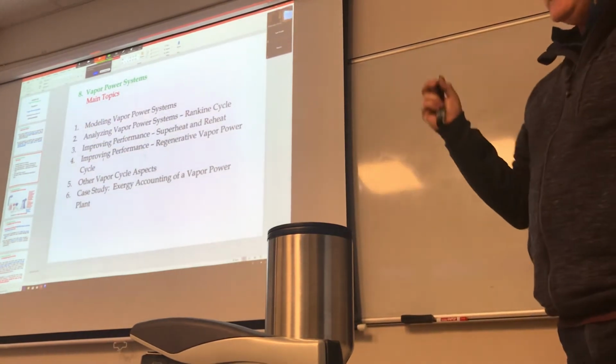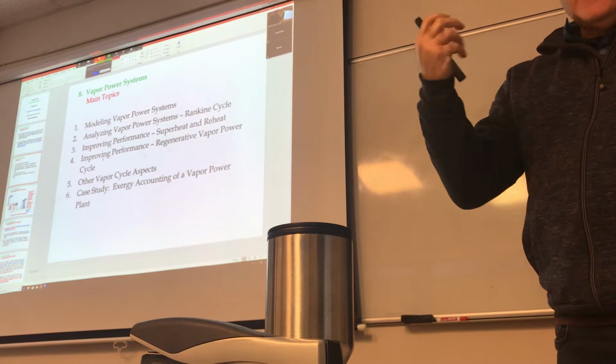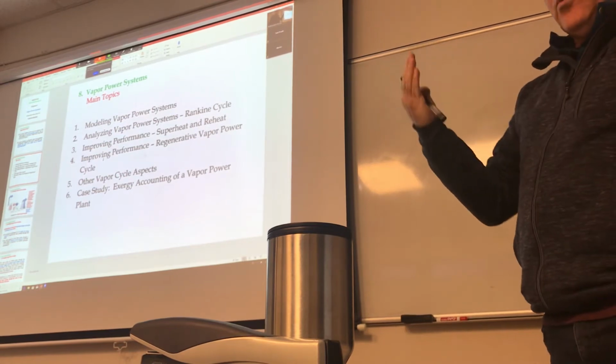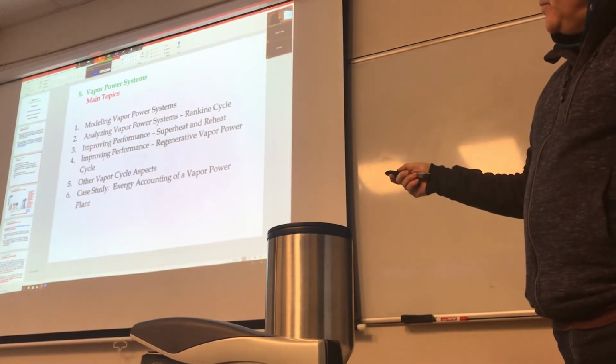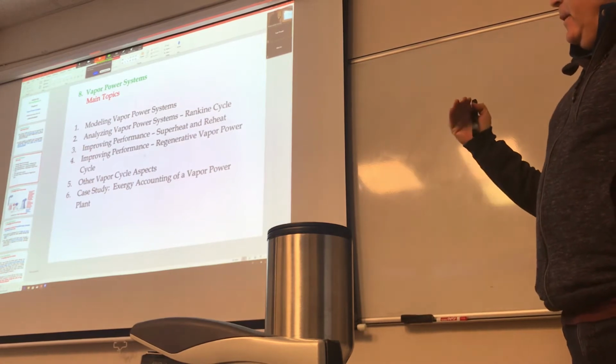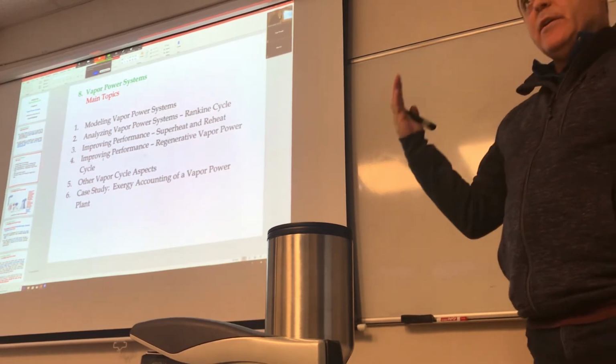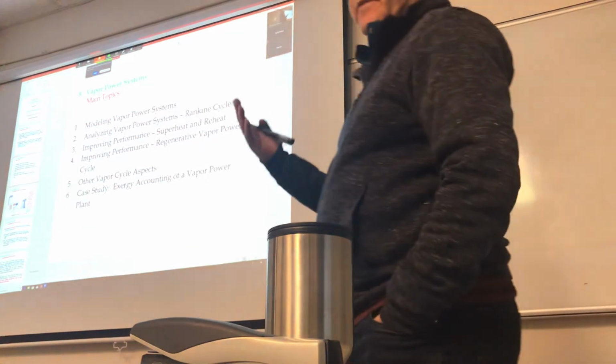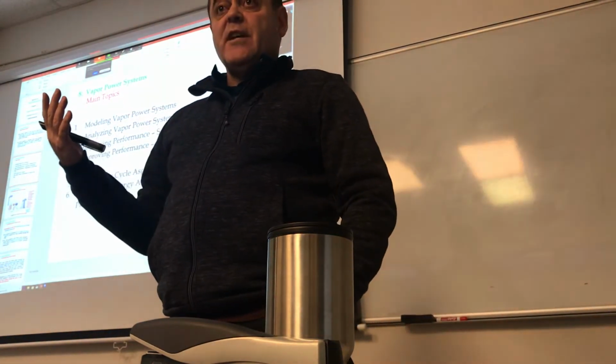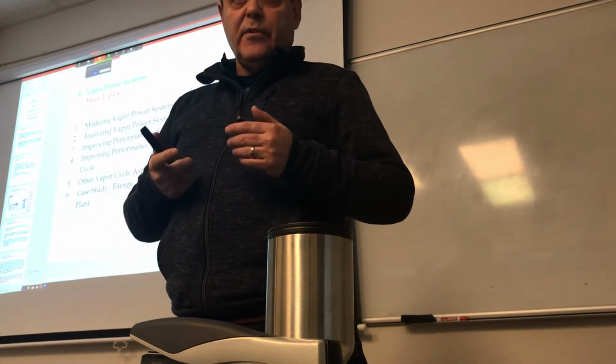So the first 2 sections are really the key that describes how the cycle works. And then afterwards, sections 3 and 4 are really how you are going to improve on the efficiency of such cycles. What modifications are you going to make?